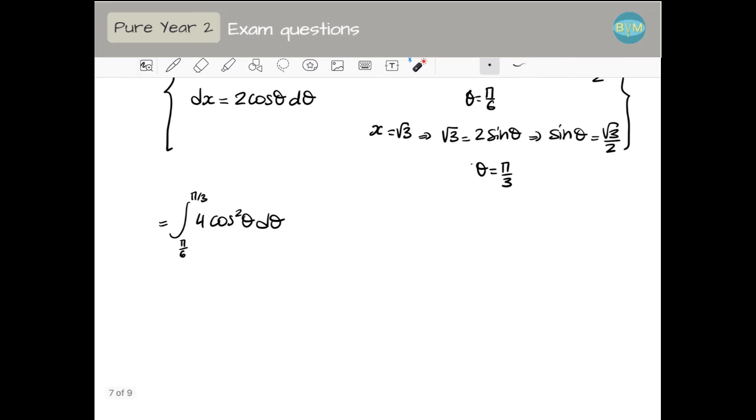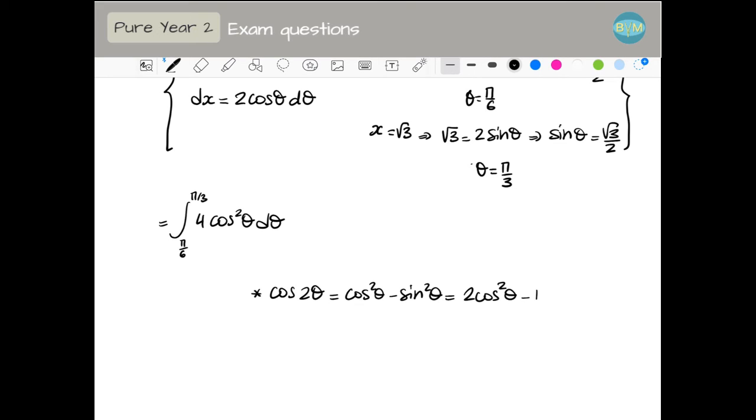If you remember, cos 2 theta is cos squared theta minus sine squared theta, but this can be written as 2 cos squared theta minus 1, and as 1 minus 2 sine squared theta, but we are interested in this one, which means that 2 cos squared theta is cos 2 theta plus 1.